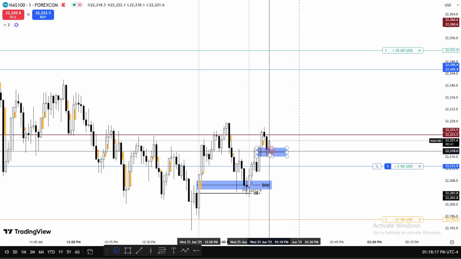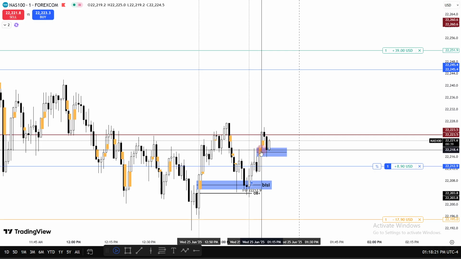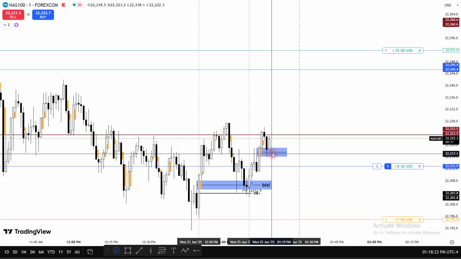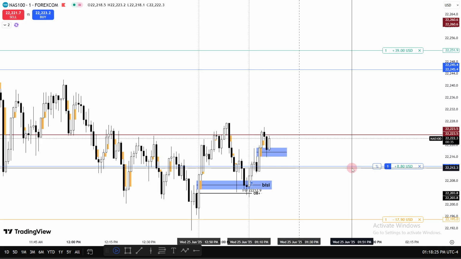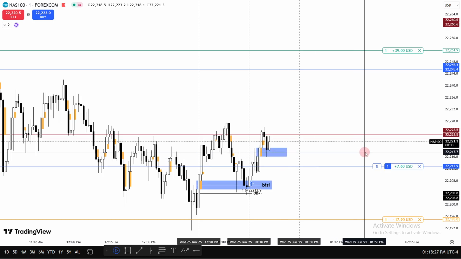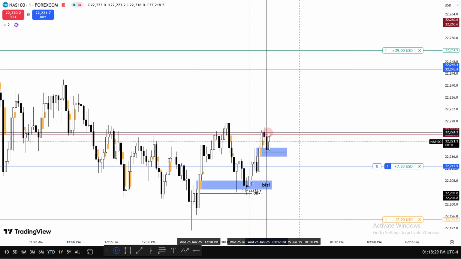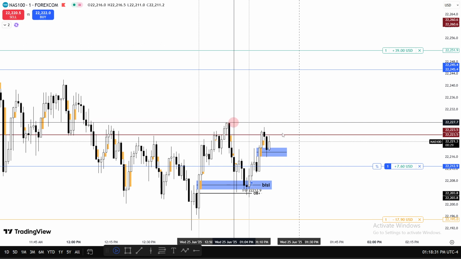That lower half of that buy side imbalance, sell side inefficiency should stay open, not completely fill in, and it should now break above this.